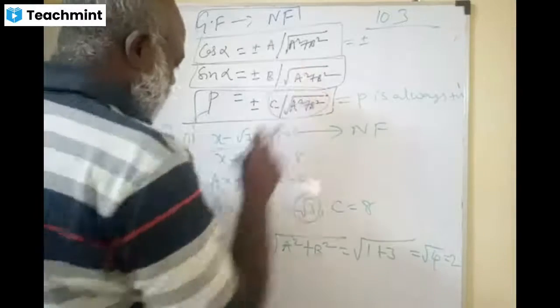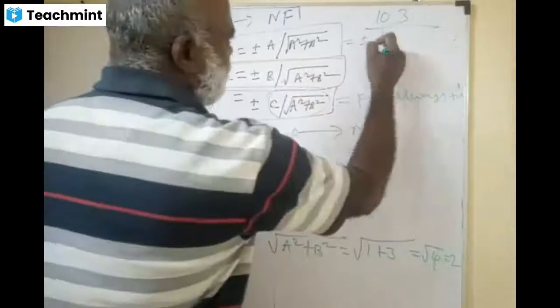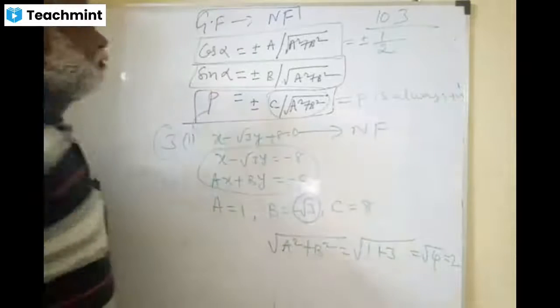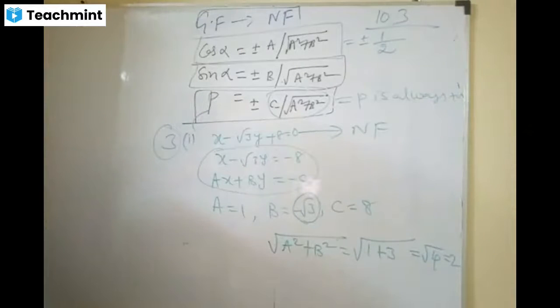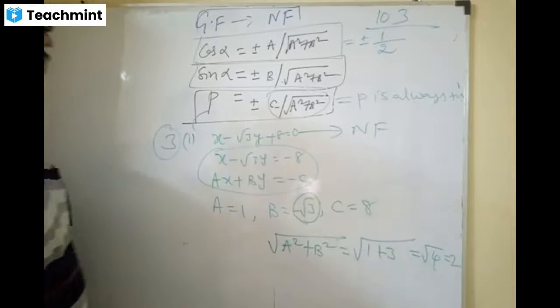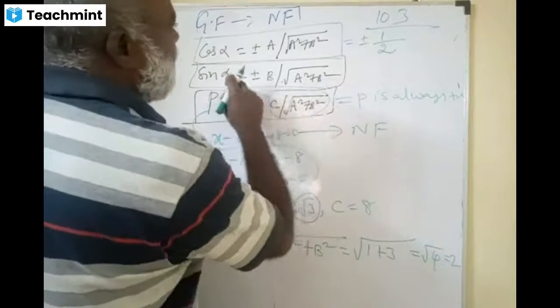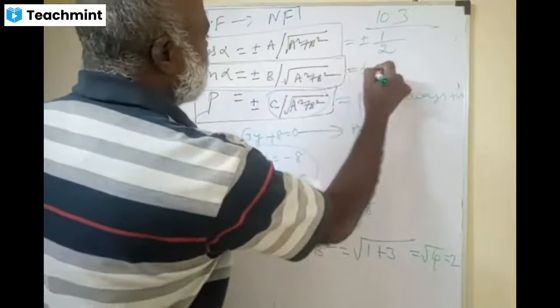What is A, dear? A is 1 and this is 2. Sin alpha is plus or minus. What is b?